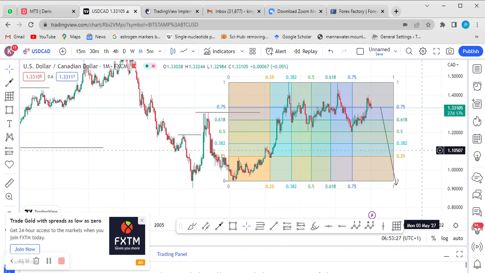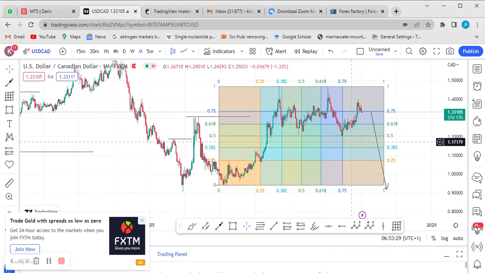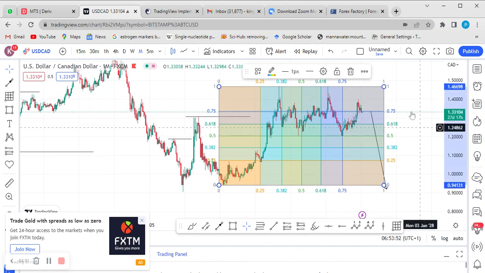We notice that price respected the 50%, and we had a pullback, just like what happened on the major structure here. So price respected the 50%, and we had a pullback into the premium of this high. So which is telling us that there's chances of price pushing down at this zone.